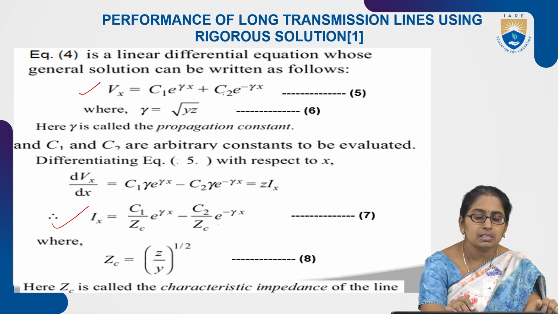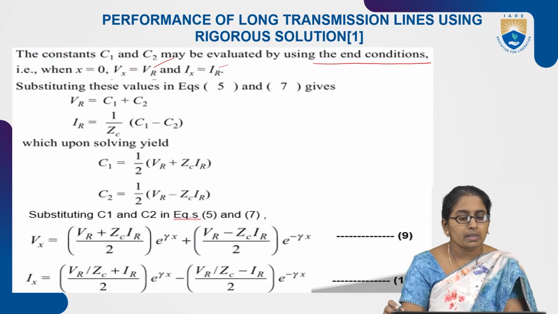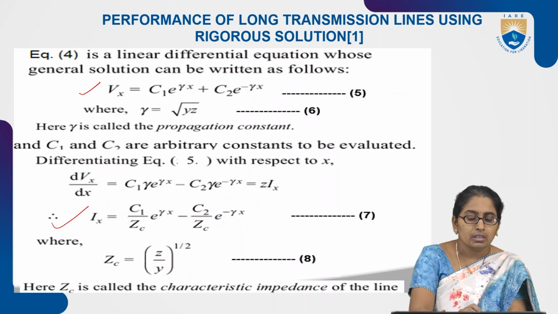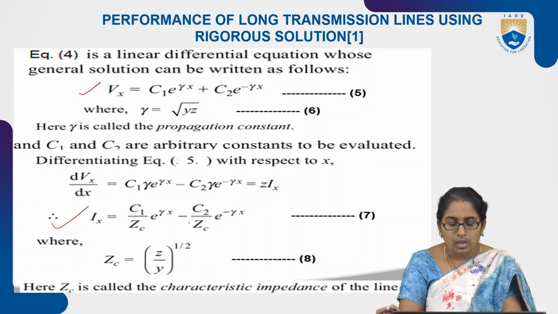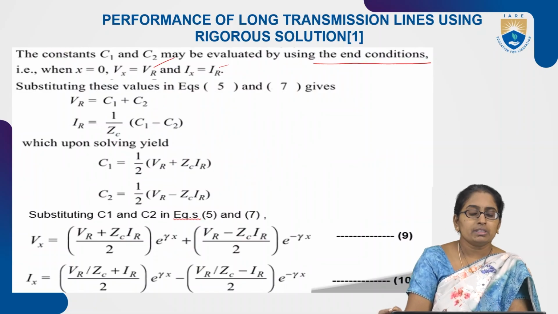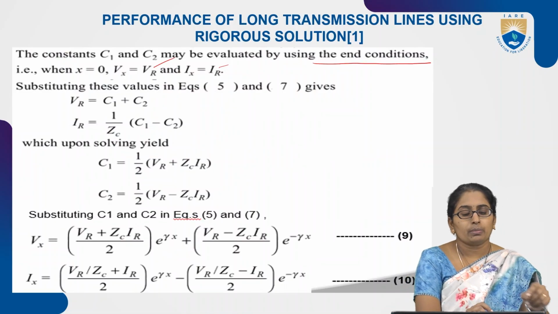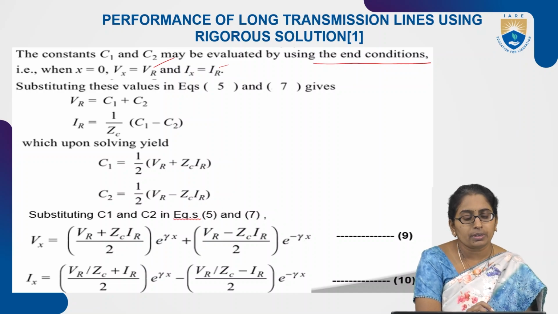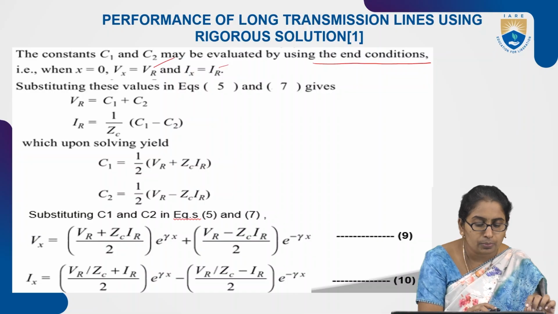So VR is equal to c1 plus c2. And IR is c1 by Zc minus c2 by Zc, where Zc is common, so it is written as 1 by Zc into c1 minus c2.